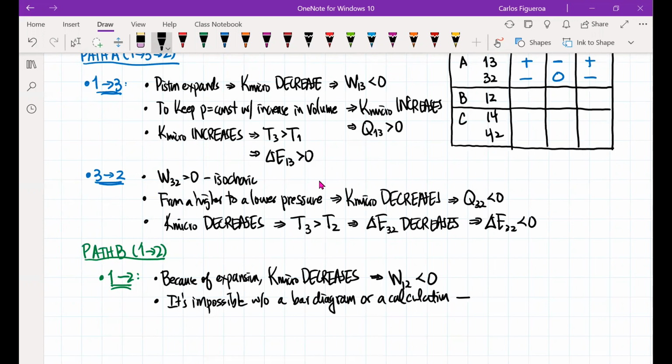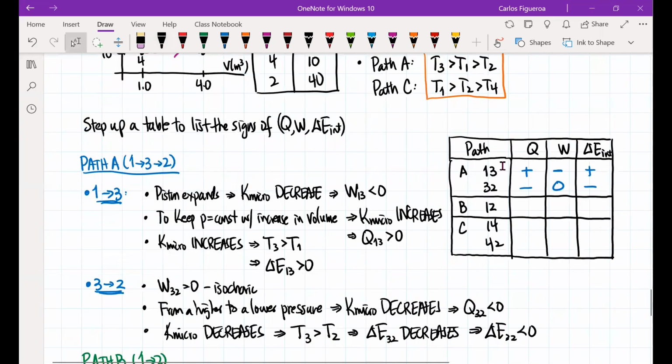Because of that, I'm going to say that the heating could be positive or negative just because I don't know. And then if you look at the internal energy, we've already agreed that the temperature at 1 is higher than the temperature at 2, so therefore it has to decrease.